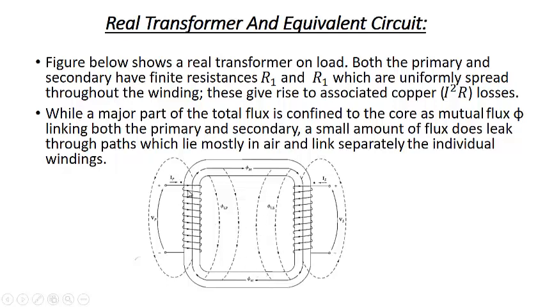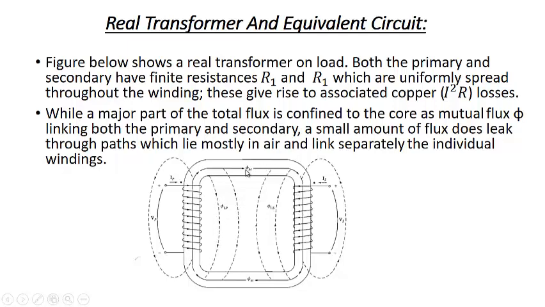If the flux produced by the primary is phi p, that flux phi p will be divided in two parts. One will be phi m, the mutual flux that will link this coil, and there will be phi lp, which will go through the air and again go to this coil. It will not link to this coil. So this will be the leakage flux of the primary.